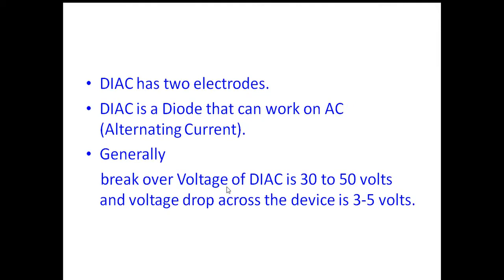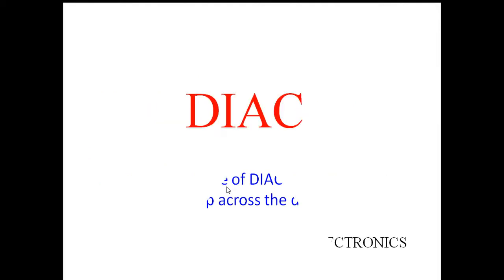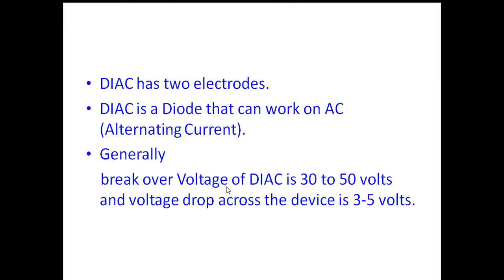Another important power electronic device is the diac. It is also called a bidirectional diode. It has two electrodes.